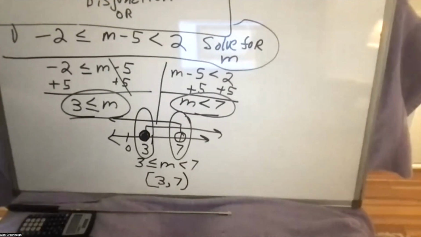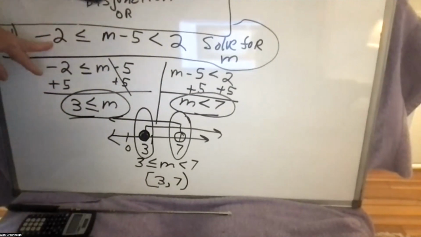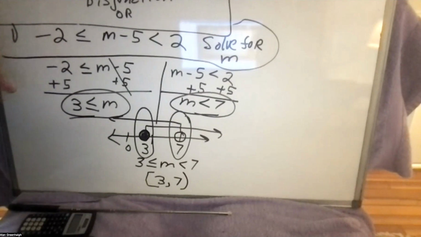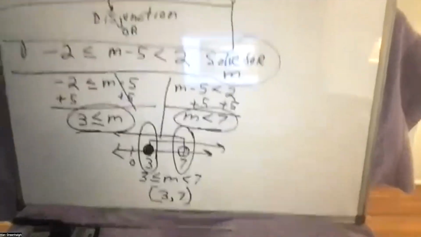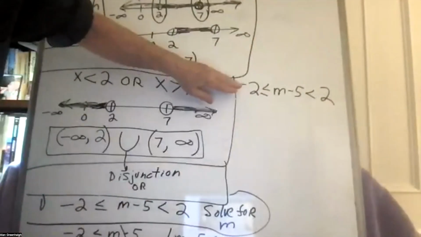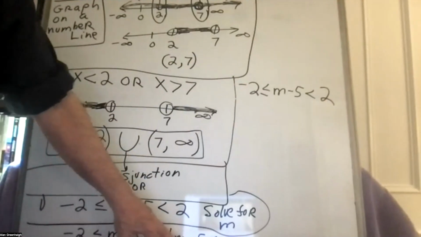But I kept trying to say, when should the but come in? And here it is. This can be solved. This is the problem we just did, and we separated it into two parts.